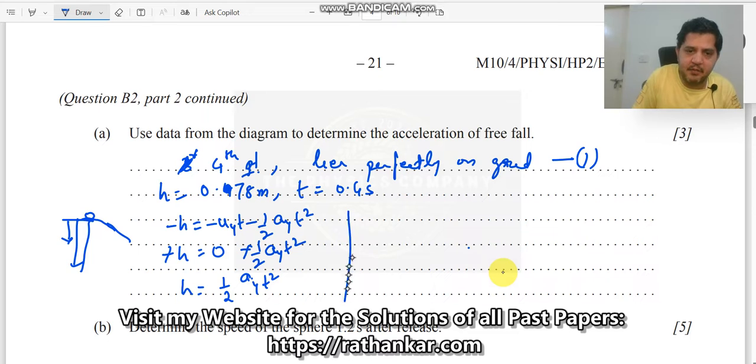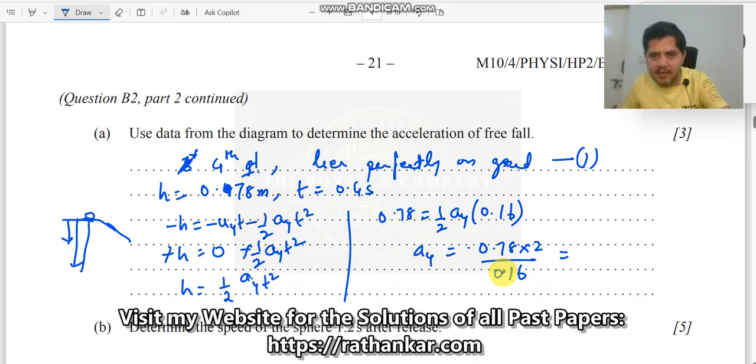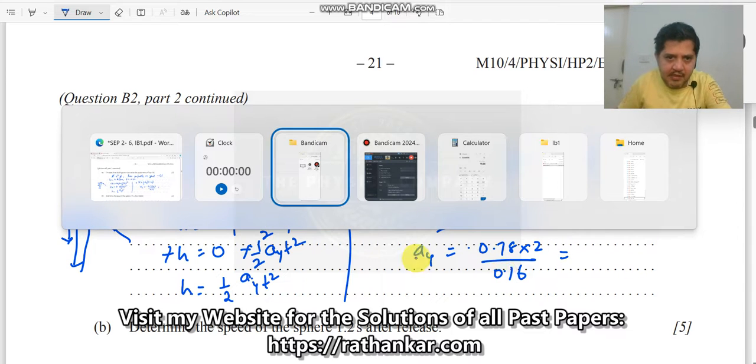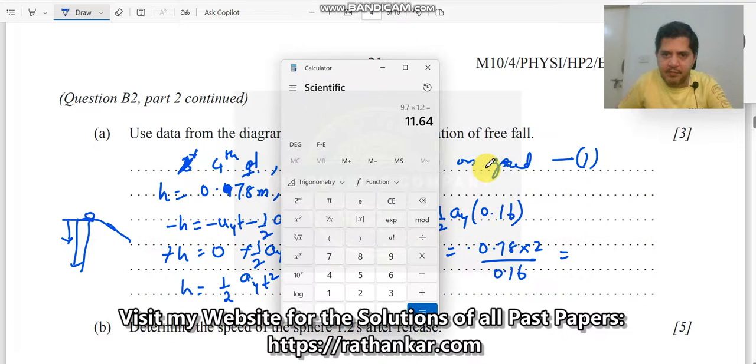Let us substitute the values over here. So 0.78 is equal to half a_y into 0.4 squared, which will be 0.16. So I will get the value of a_y to be 0.78 multiplied by 2 divided by 0.16. Use my calculator. You can use your GDC if it is given to you, have it with you.